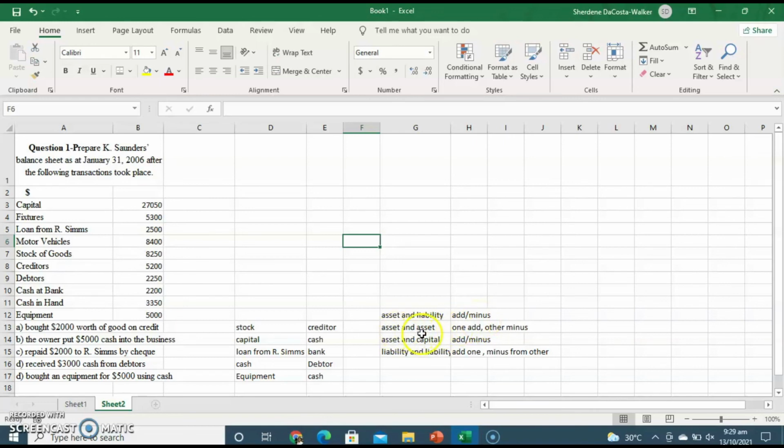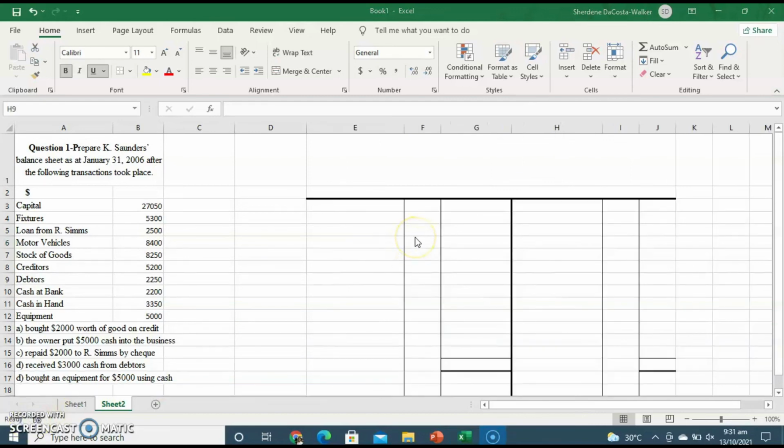If it's an asset and an asset, one you're going to add and the other you're going to minus. If it's asset and capital, both the asset account and the capital account, we will have to add to both of them, or we're going to minus from them if it's decreasing. If it's a liability and a liability, one we add to and the other we minus from. All right, so let's make sure that we understand that clearly.